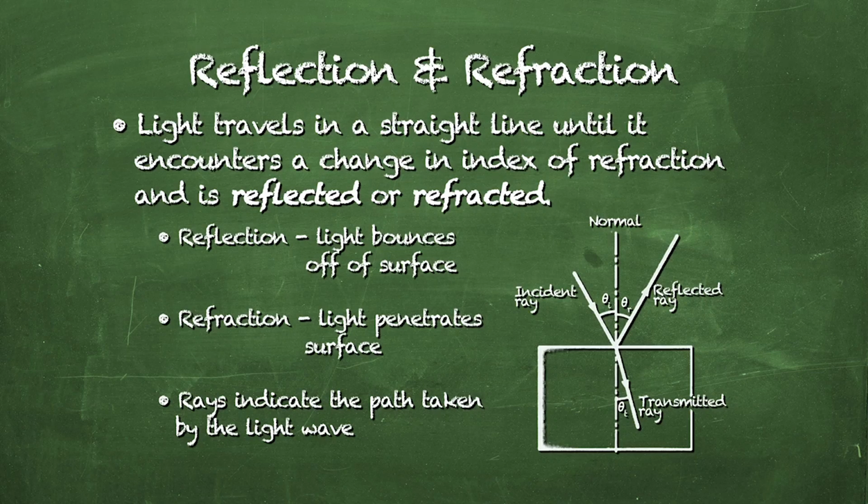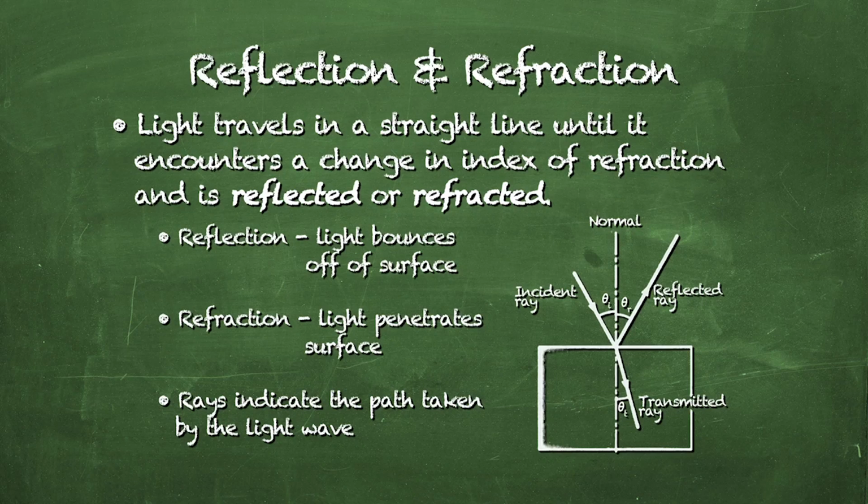It can be reflected, and we represent that with the reflected ray that we've drawn in, or it can penetrate the surface and enter into the glass. And we represent that with the transmitted ray. So the basic idea here is that light waves travel in a straight line until they encounter a change in the index of refraction.